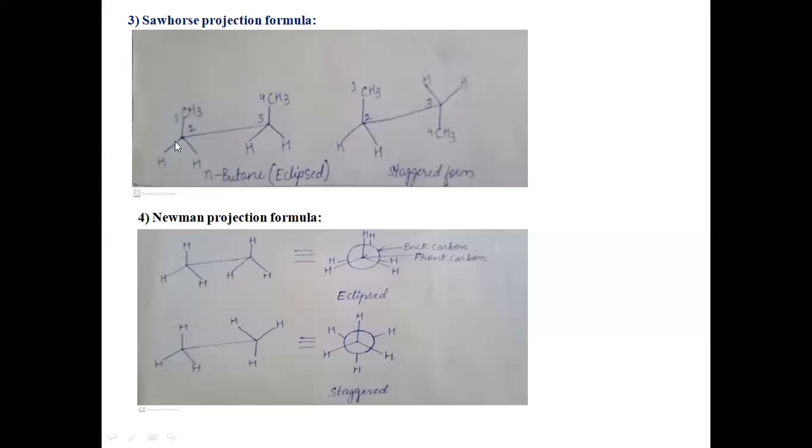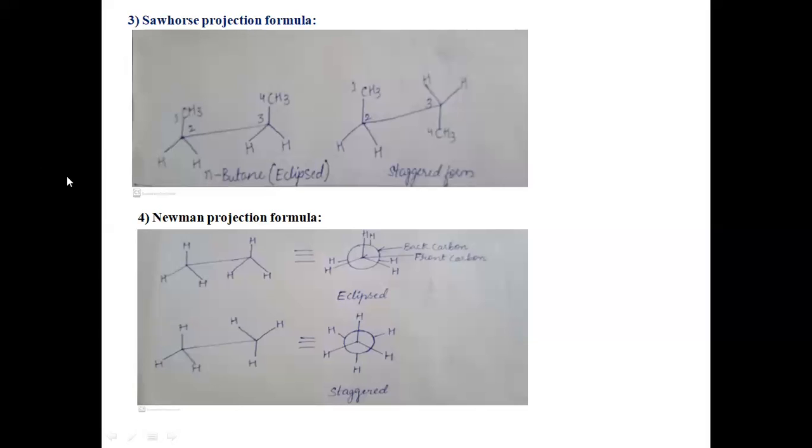Here, in the Sawhorse projection formula, we are using this representation to represent the molecules or compounds which contain two chiral carbon atoms.